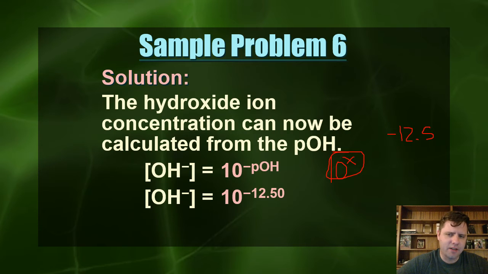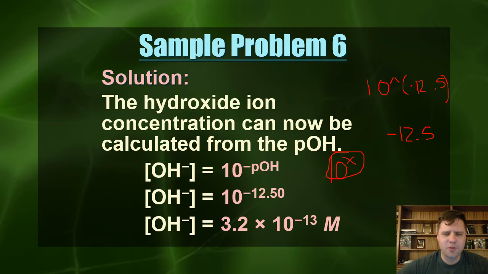Or if you have a graphing calculator, you would just write 10, then a caret, and then negative 12.5. When you do that, you'll get 3.2 times 10 to the negative 13. So you're just putting these in the calculator and getting them that way.